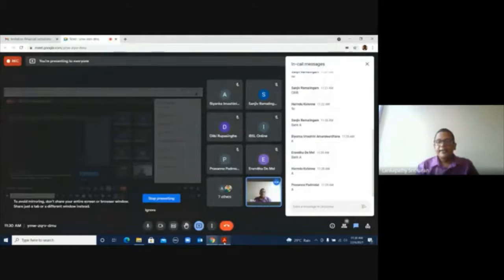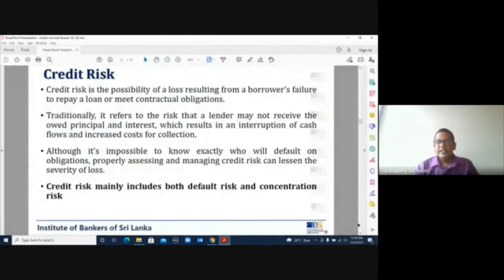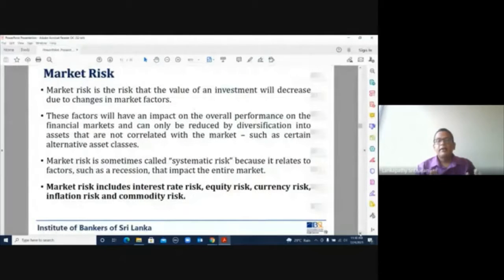Okay, then we move to market risk. Market risk is the risk that the value of an investment will decrease due to changes in market factors. The market factors may be prices, if it is an equity market.